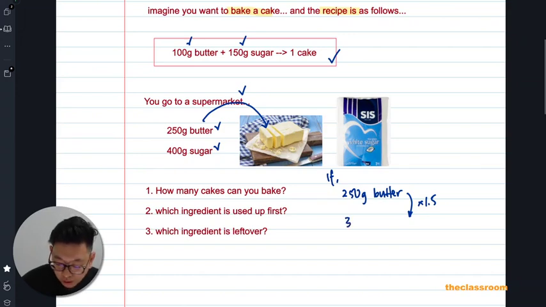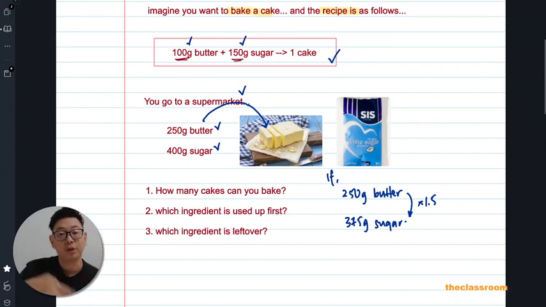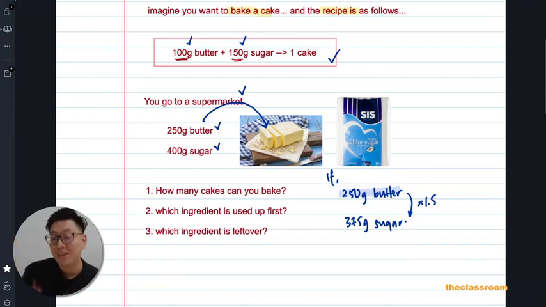We need 375 grams of sugar. Again, according to the recipe, 100 grams of butter requires 150 grams of sugar, 200 grams of butter requires 300 grams of sugar. So if you're going to use up all your 250 grams of butter, we need 375 grams of sugar.